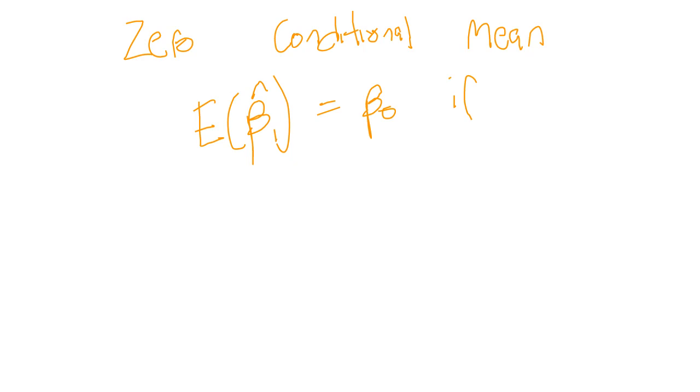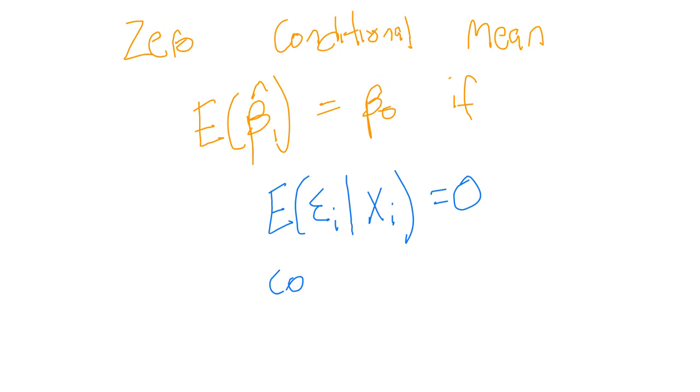And in order to prove that, we made this assumption that the expected value of the population error term conditional on our independent variable is 0. Or another way of writing this was that the covariance of the population error term and the independent variable is 0. Okay, and this is called our zero conditional mean assumption.